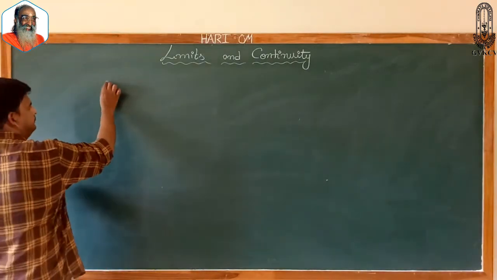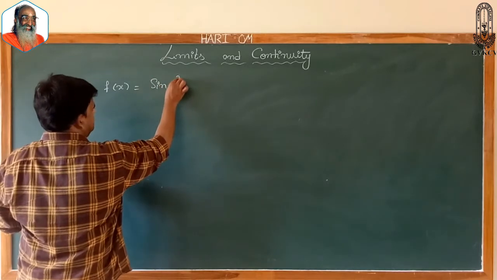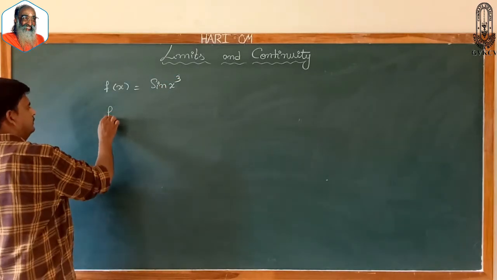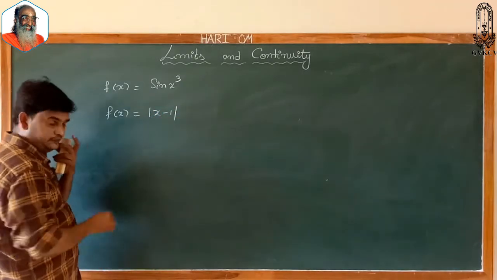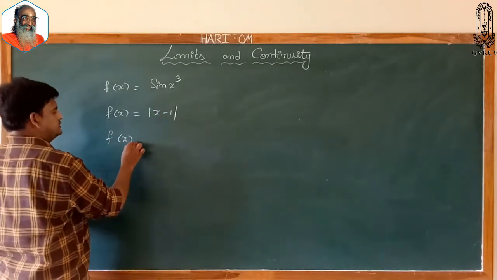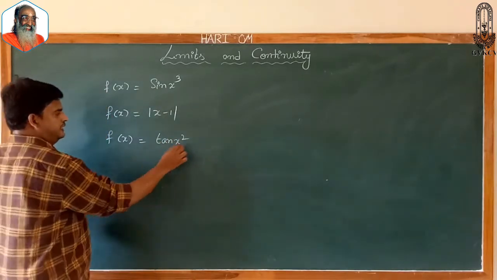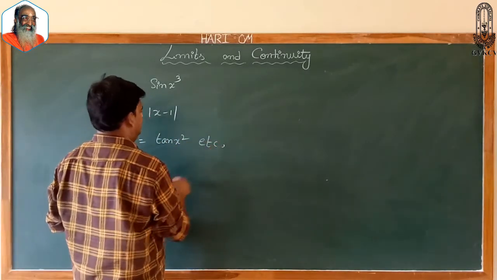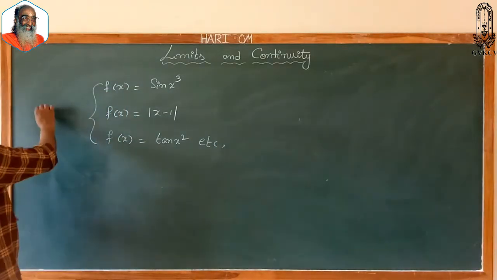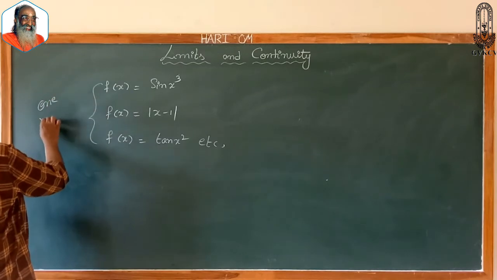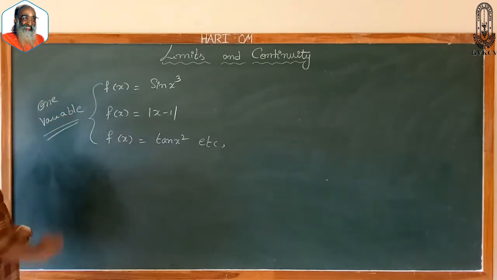For example, f of x is equal to sin x cube, f of x is equal to modulus of x minus 1, f of x is equal to tan x square, etc. When we observe all these functions, we have only one variable.